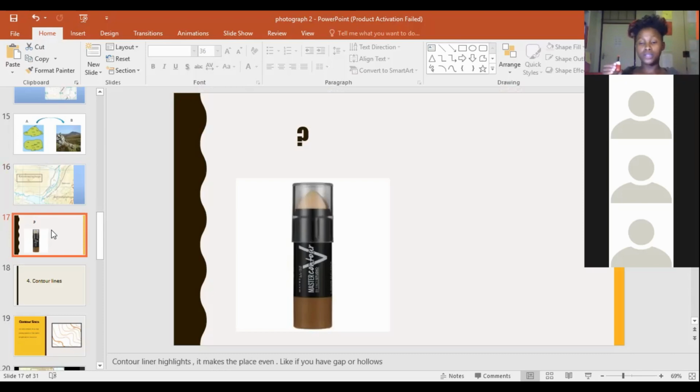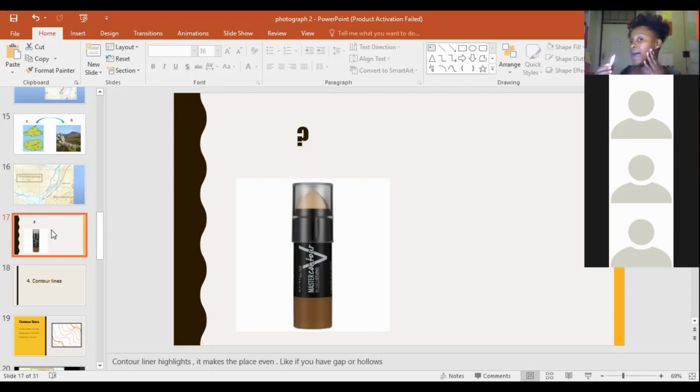Remember, as a makeup artist, a contour liner is used to shape your face. It also highlights your face where there is concave or where there is hollow. Your face has a hollow shape and also has concave parts. This is my concave. Do you see that? Yes, ma'am.